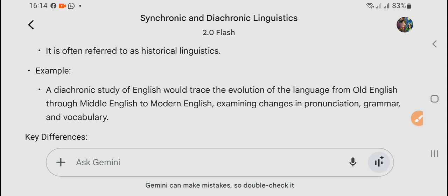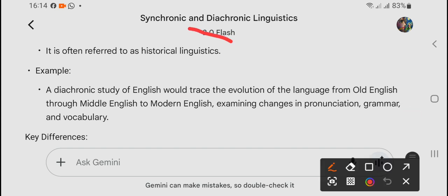Then it is often referred to as historical linguistics, right? Why? Because you study the history of different languages: Malayalam, Kannada, Telugu, Tamil, Marathi, Hindi, English. So here we are talking about English. That includes South Indian English, North Indian English, Punjabi English.